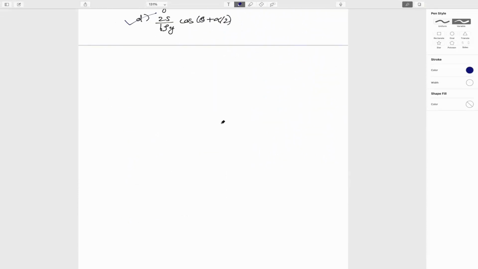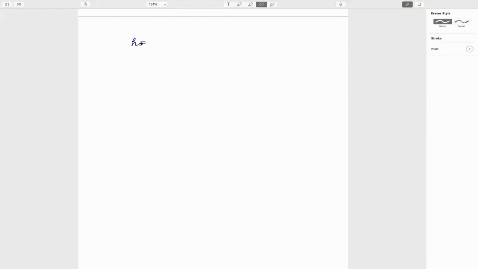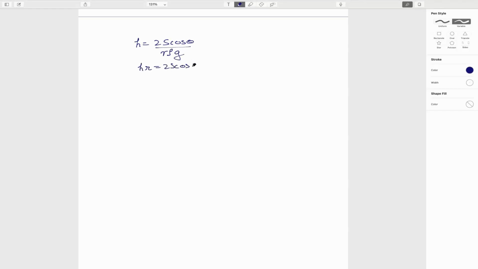So let's consider a tube of insufficient length. Let's say for any liquid, the formula is H is 2S cos theta by R rho G. Basically, H R is 2S cos theta by rho G. So for a given liquid, the height, that is H, the rise, H rise, is greater than the height of tube.